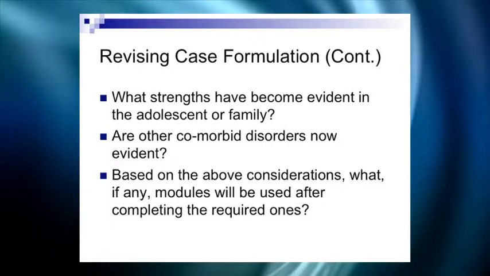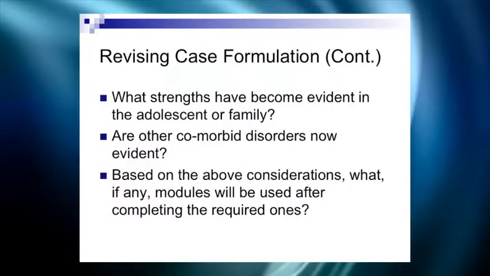And you may be more aware of comorbid disorders. Maybe, for example, you now know that this teenager is having a hard time going out socially because not only are they depressed, but they also have social anxiety. And maybe that wasn't evident before. So now you know it, so you have to put that into your plan.